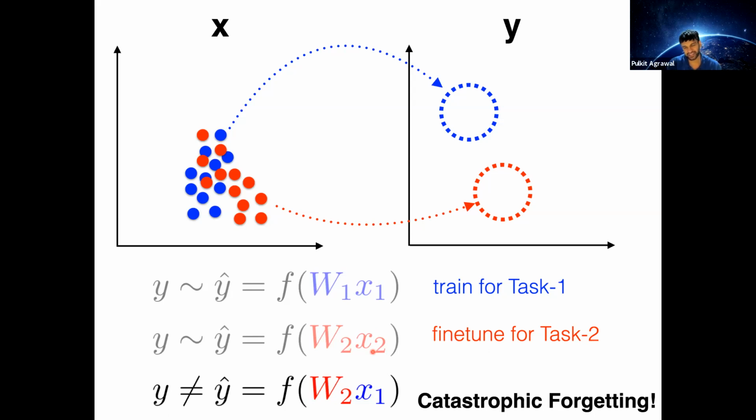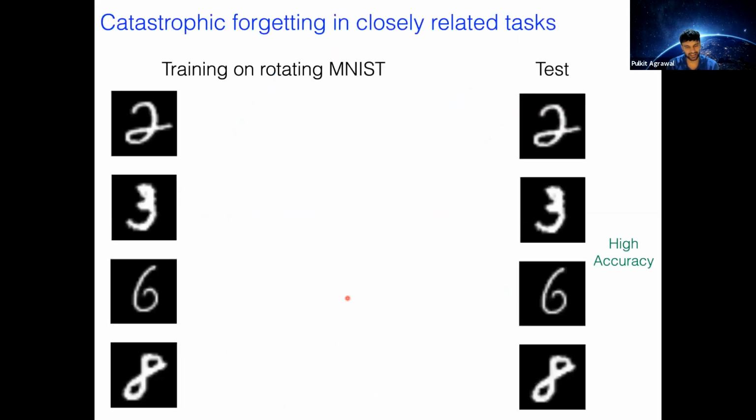Now, one thing you may say is, well, this problem is only going to happen if maybe these tasks are very different from each other. But it turns out that's not really the case. The tasks don't have to be very different. For example, I have this training of trying to classify what class of digit this is. I want to say it's a 2, it's a 3, it's a 6, it's an 8.